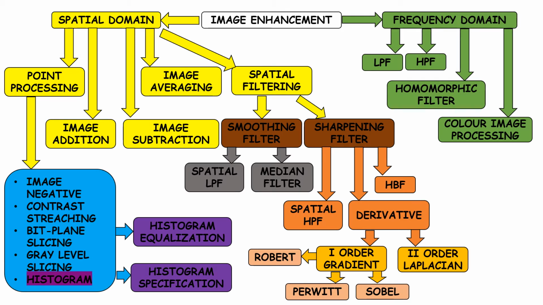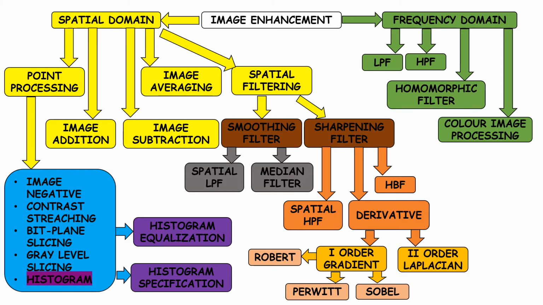In spatial filtering it is further branched to smoothing filter and sharpening filter, where smoothing filter is again branched to spatial low pass filter and median filter, and sharpening filter spreads itself to spatial HPF (high pass filter), derivative and HPF high boost filter.